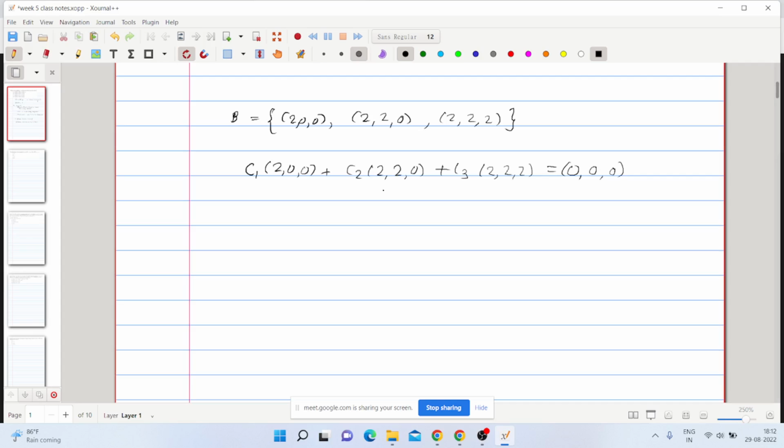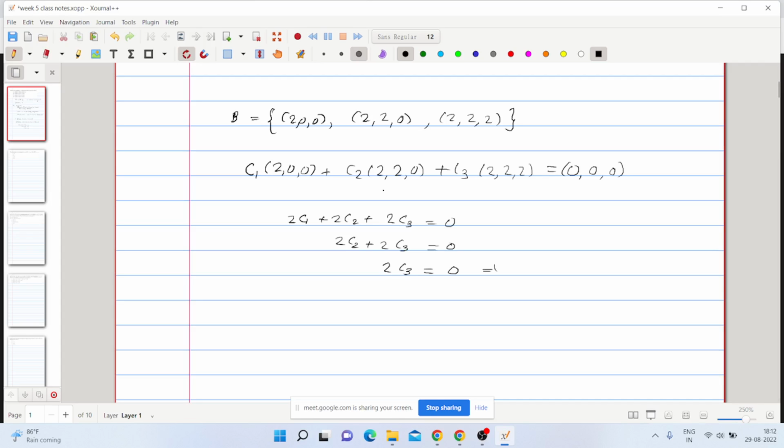So we equate the first coordinate: 2C1 plus 2C2 plus 2C3 equals 0. Next, 0C1 plus 2C2 plus 2C3 equals 0, and the third coordinate is 0C1 plus 0C2 plus 2C3 equals 0. We are just adding and equating the coordinates.